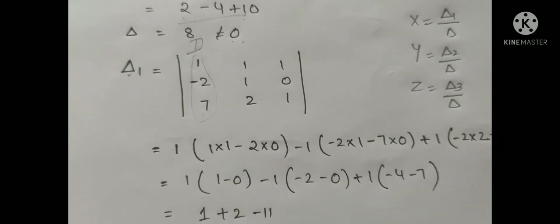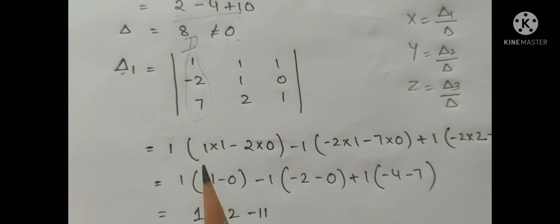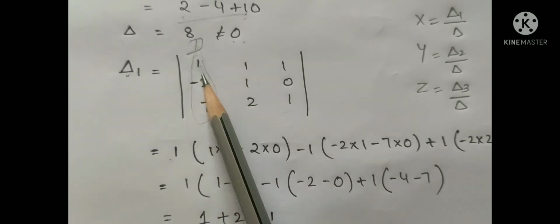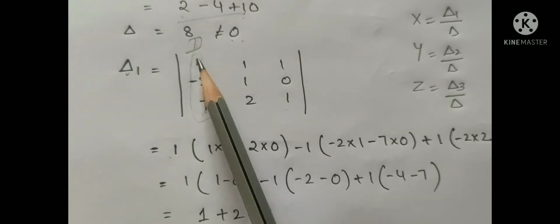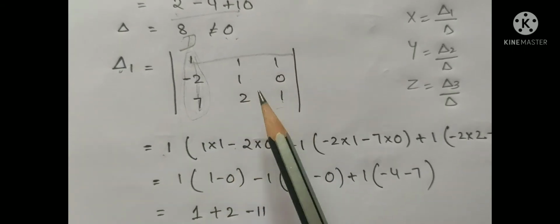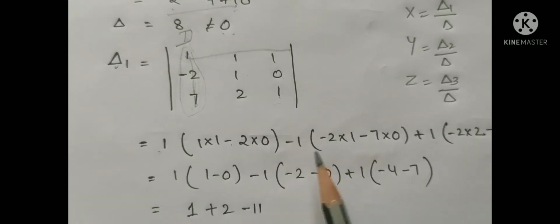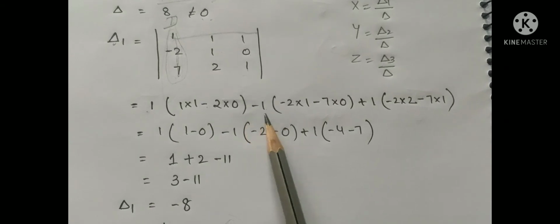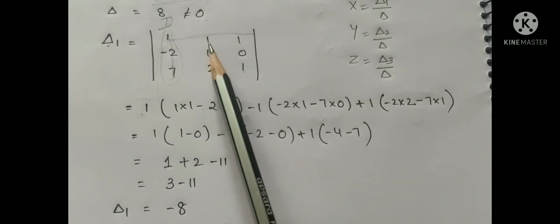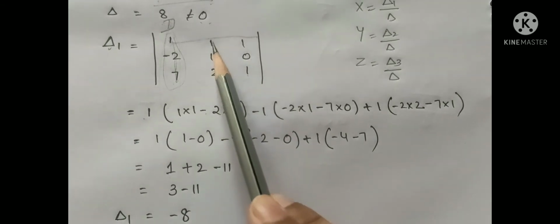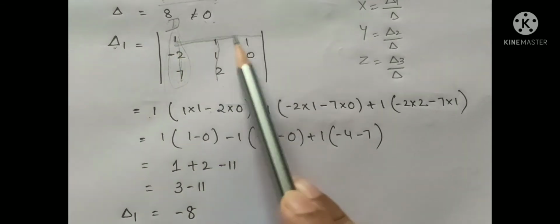Okay, same procedure here also. Finding determinant 1. Leave this column and this row. 1 into (1 into 1 minus 2 into 0). The middle term is the same, minus 1. Leave this column and this row.